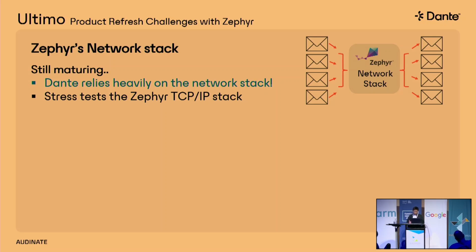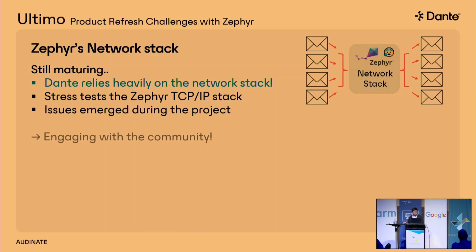There are no limitations: if your CPU allows, you can go up to many channels until it saturates. So when we were developing the prototype of Dante on Zephyr, we were also stress testing the TCP/IP stack provided by Zephyr, and a lot of issues emerged.